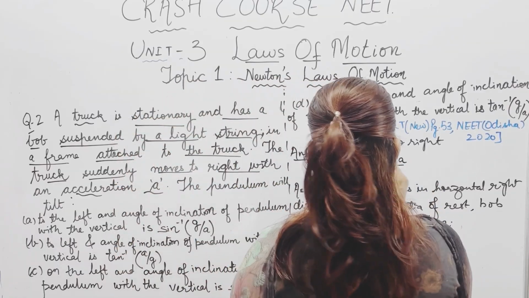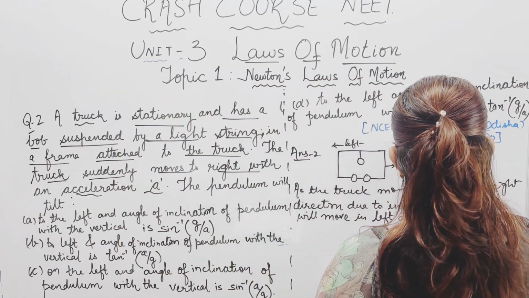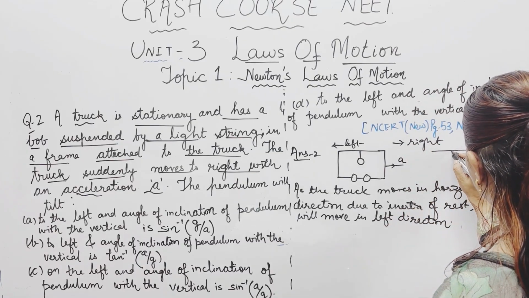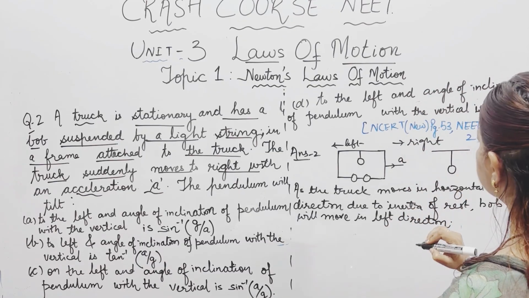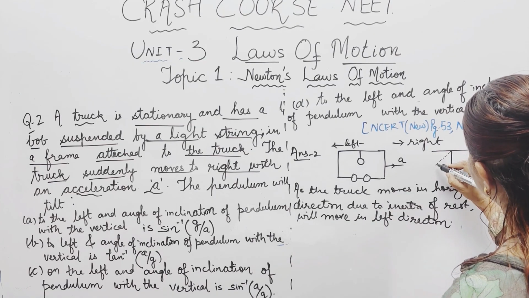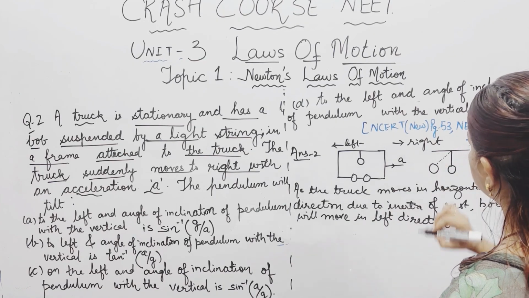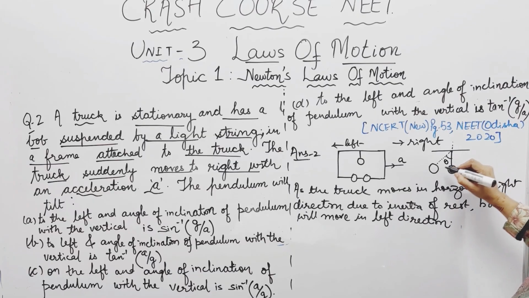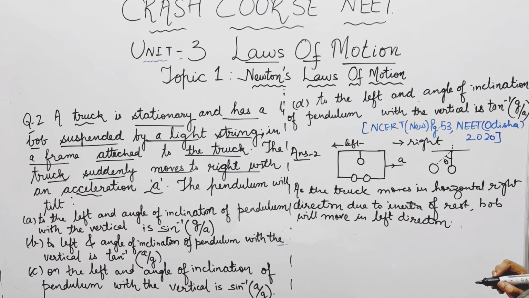So if we look at the bob, this is a stationary one, and when it moves to the left, let theta be the angle made by the string with the vertical when it is moving towards the left.